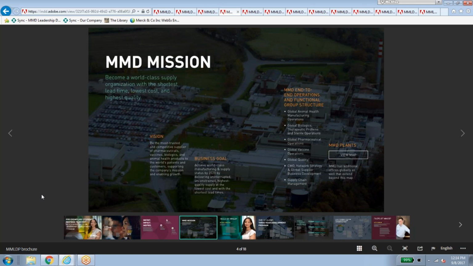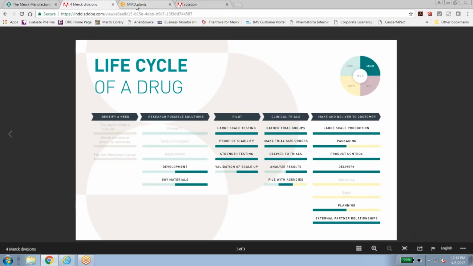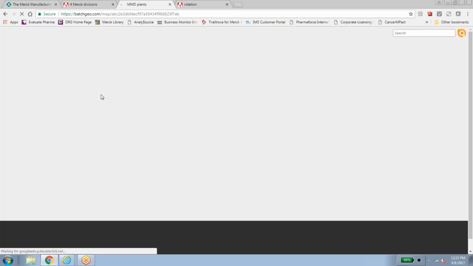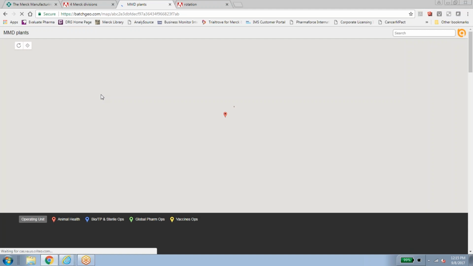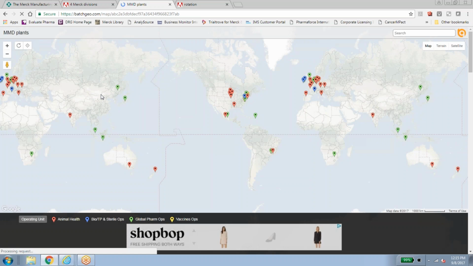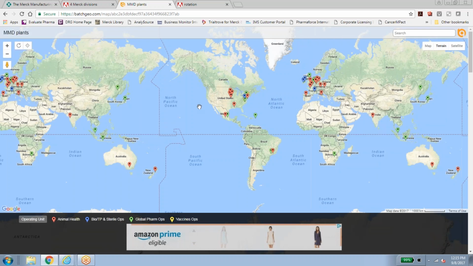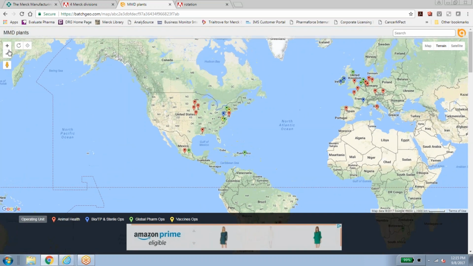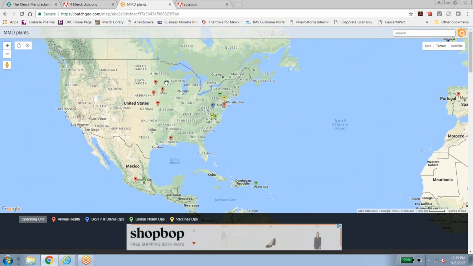And to that point, I'll take a moment to give you a glimpse of where across the globe MMD plants are located. So let's see. From this map, let me zoom in a little bit. You'll see that we have a number of sites across the United States.